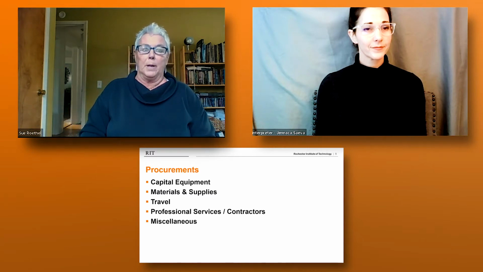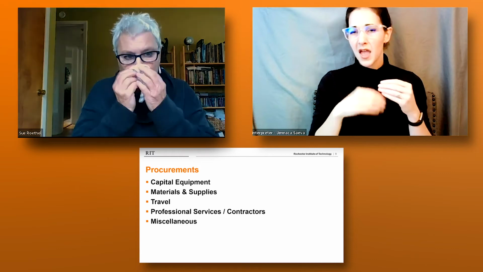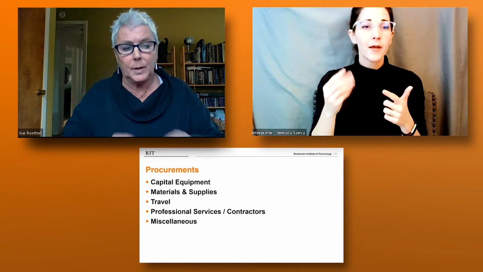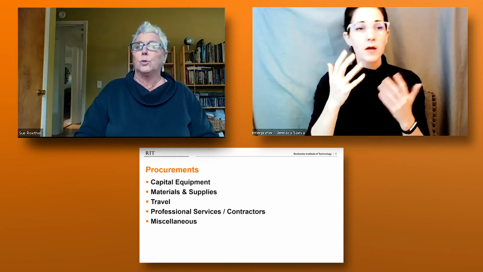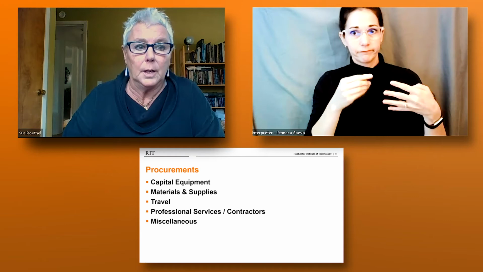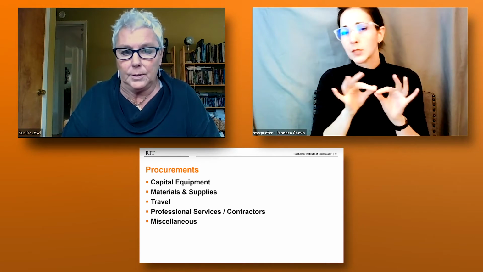Under procurements, we have included these categories: capital equipment, materials and supplies, all kinds of, there's many different travel subcategories, and professional services such as interpreting services, captioning services, that kind of stuff.